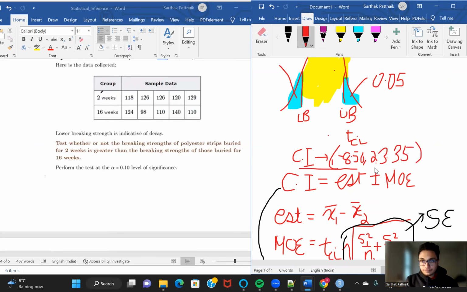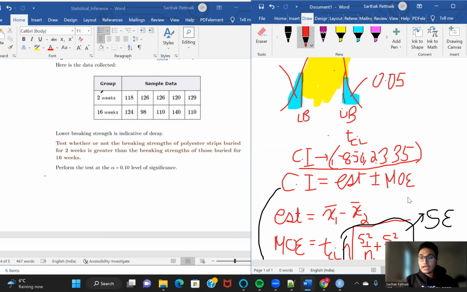Now, what was my null hypothesis, or the condition that I started with? That the difference between the population means of the two populations is equal to 0. This is the confidence interval that I'm getting for the population parameter. And you can see that the initial value of my difference, that was 0, lies in between the upper bound and lower bound.